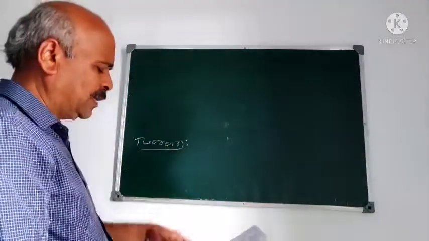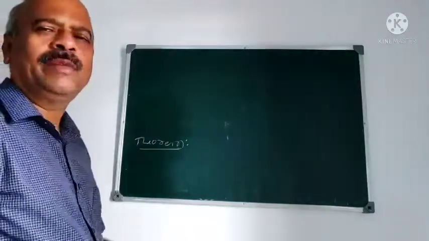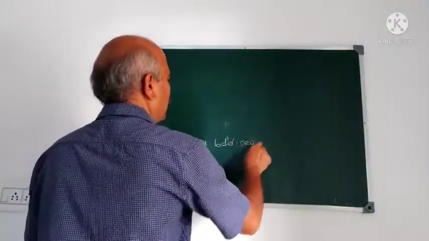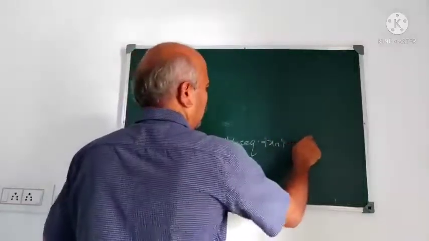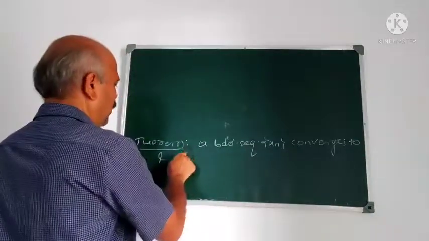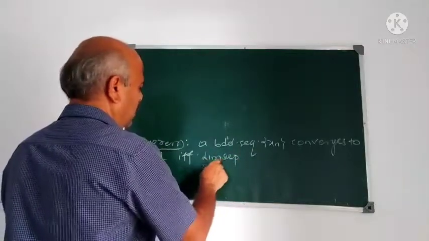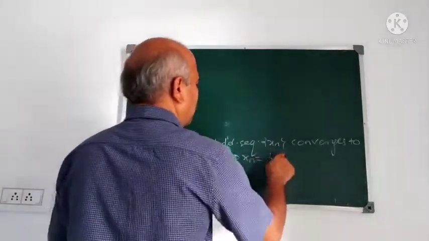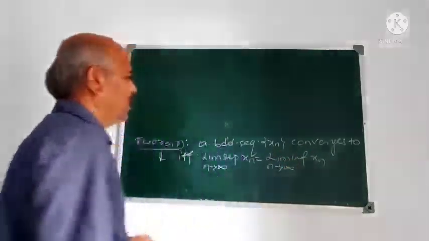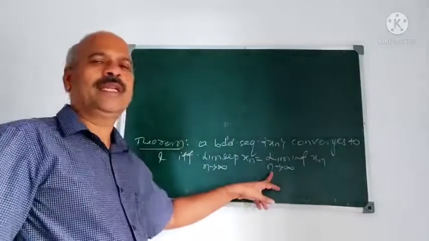This gives the relation between the limit of a sequence and limit inferior, limit superior. What does the theorem state? A bounded sequence xn converges to L if and only if limit superior of xn is equal to limit inferior of xn.